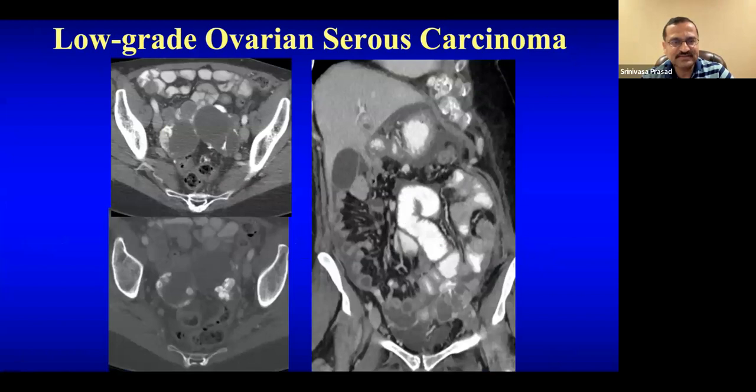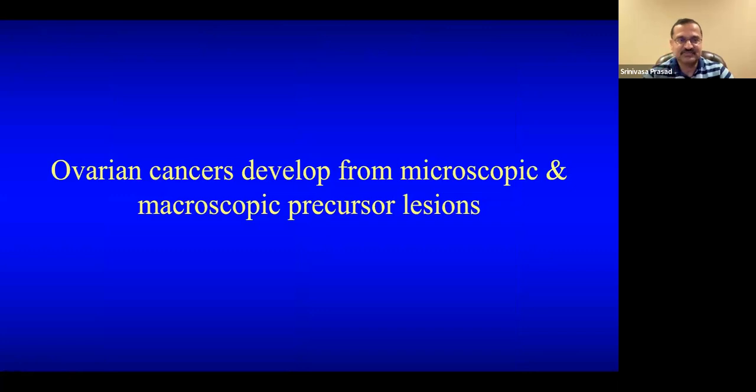And one of the other characteristics is the presence of so-called psammomatous calcifications, both within the pelvic or the ovarian masses, but also whenever there is a dissemination within the peritoneum, you see the classic psammomatous calcifications in patients with low-grade serous cancers.